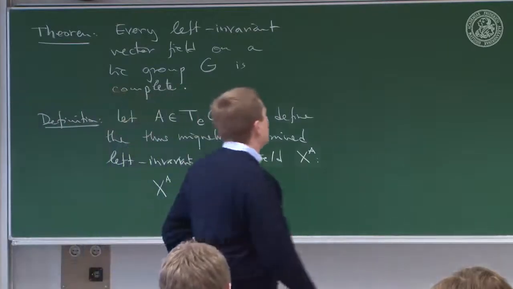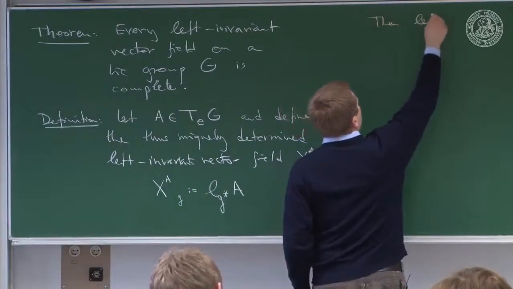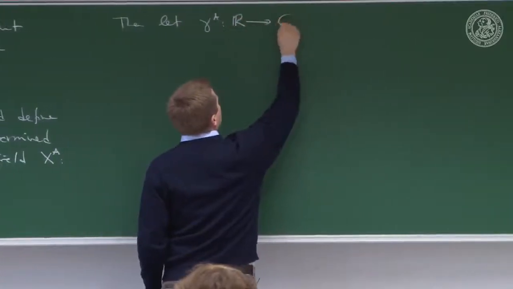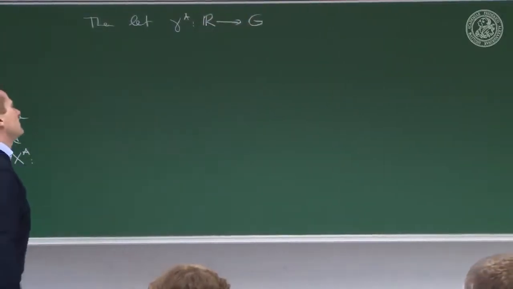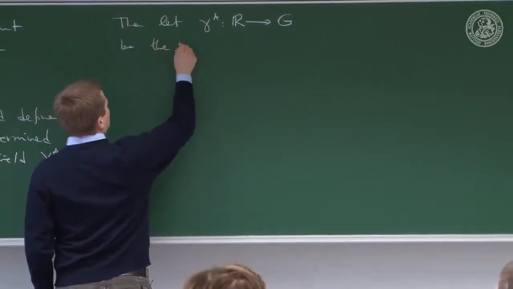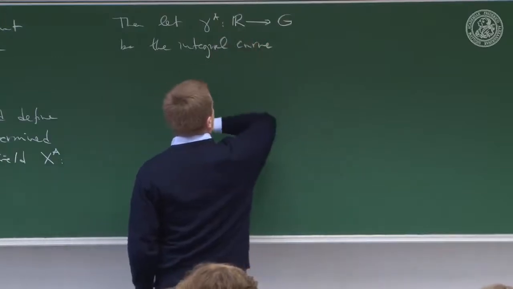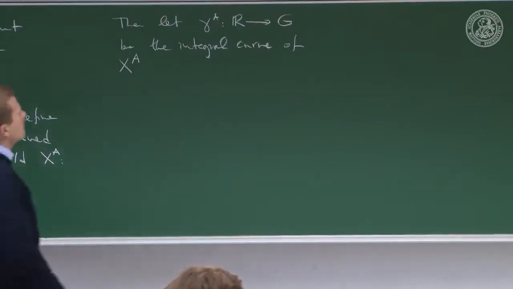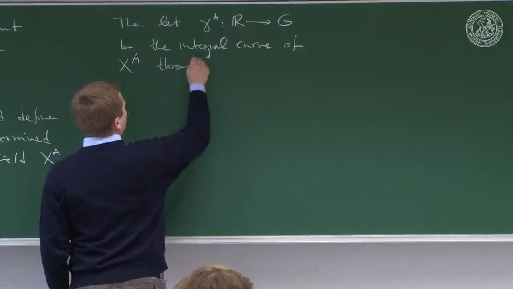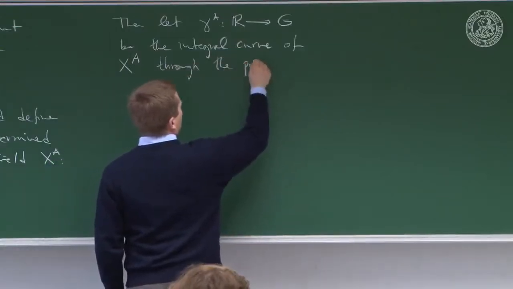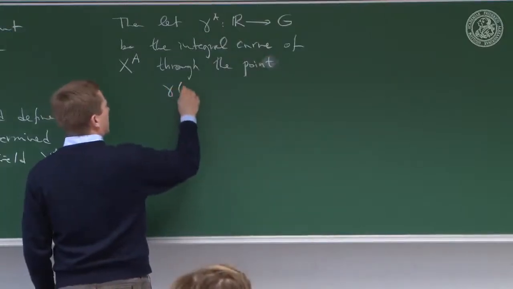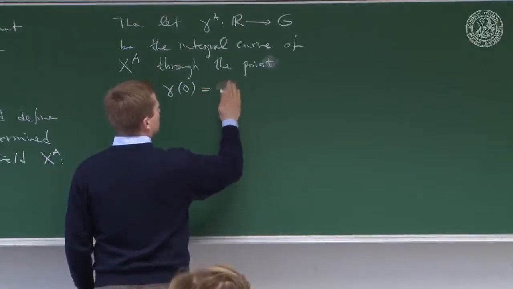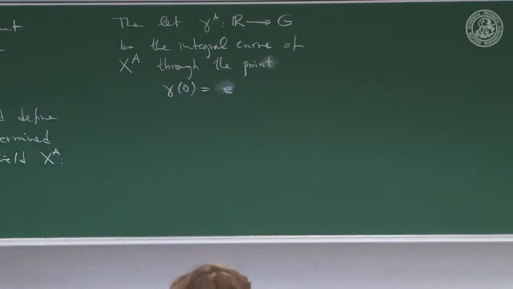So we start with such an element. Then let gamma, which we also call gamma_A, from R to G, and this is now the point where we use the completeness, be the integral curve of this left invariant vector field through the point gamma(0) being the identity, so I called it e over here, being the identity of the group.